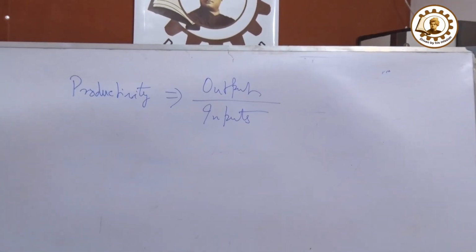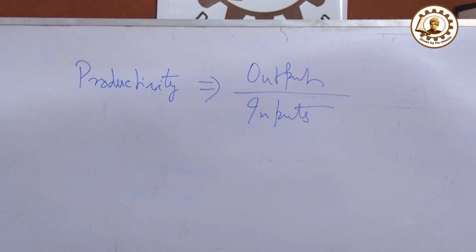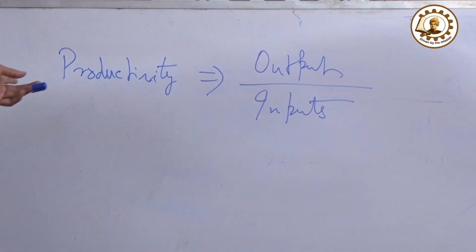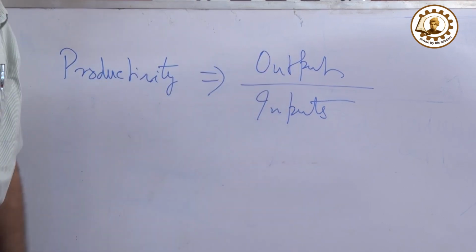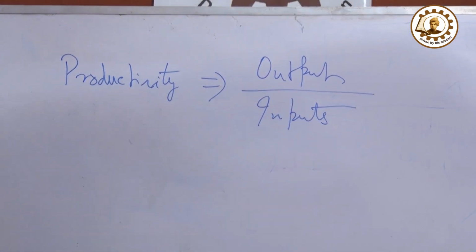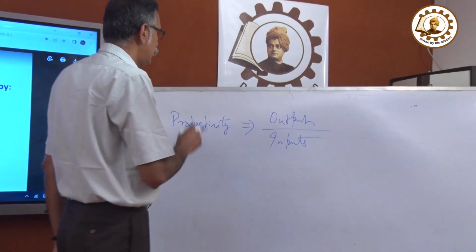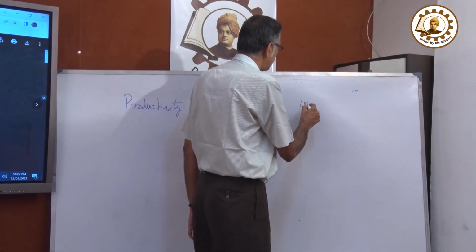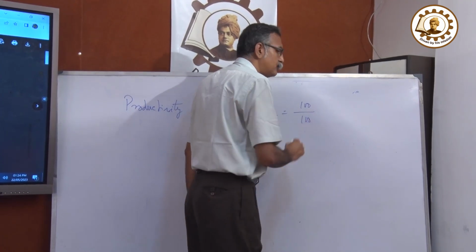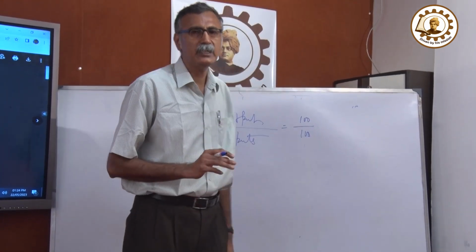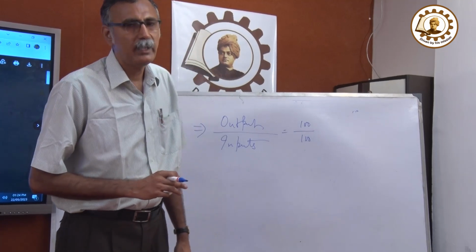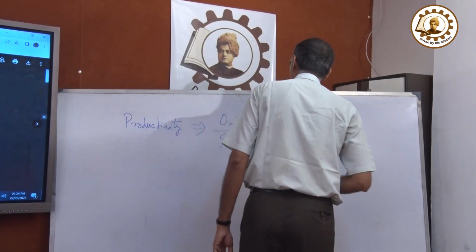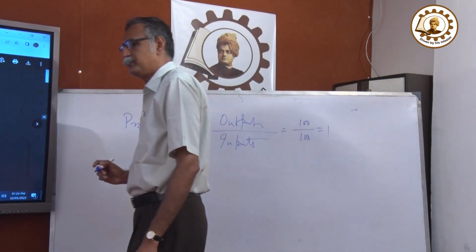In the simplest way, productivity is output divided by inputs. For example, take the initial output as 100 and the input also as 100. So here the productivity is 1.